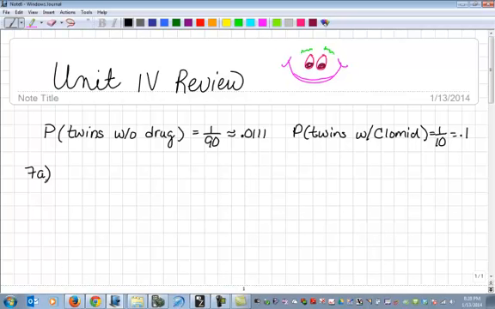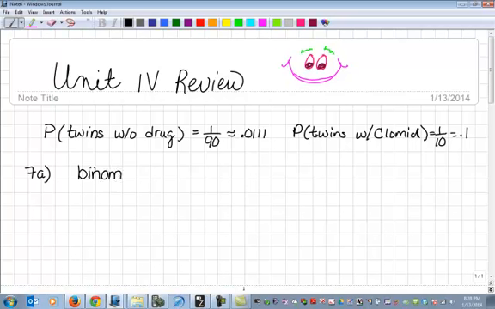And if I'm looking at 10 pregnant women, that's less than 10% of all pregnant women, so I can assume independence. So I do have a Bernoulli trial, and since I'm looking for just at least 1 out of 10, I'm not looking for the second mother to have twins or the 4th mother having twins. I'm looking for at least 1 out of 10. I'm dealing with a binomial model.